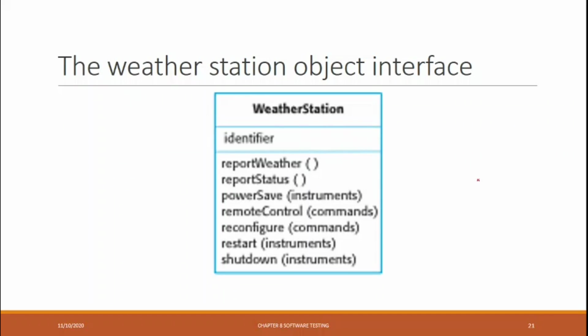So, the weather station object interfaces. You can see the example in the weather station. You have a report weather object, with functions like report status, power save, and remote. All these functions that we have designed are interrelated. So when you test an individual function and get an error, it is related to the other functions.